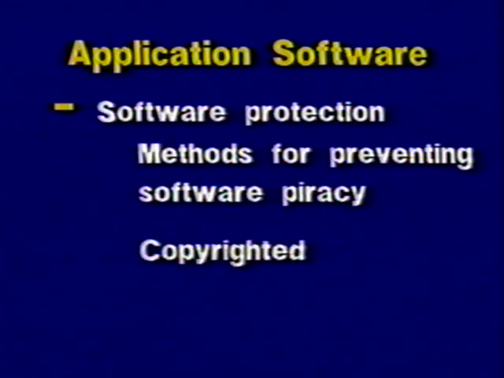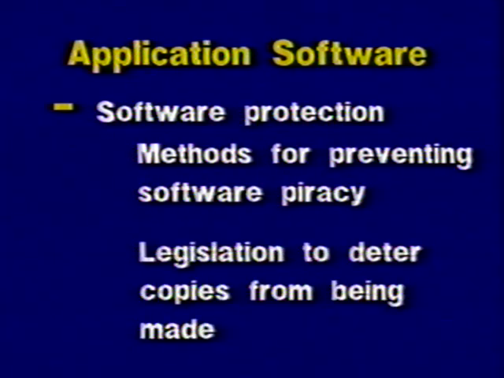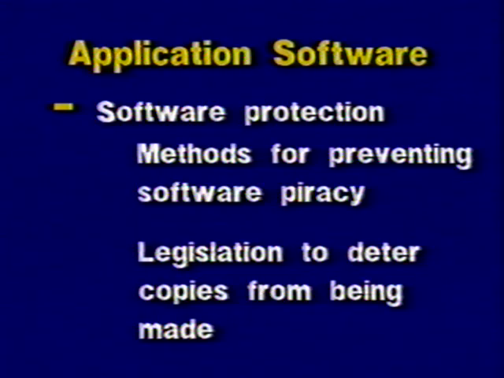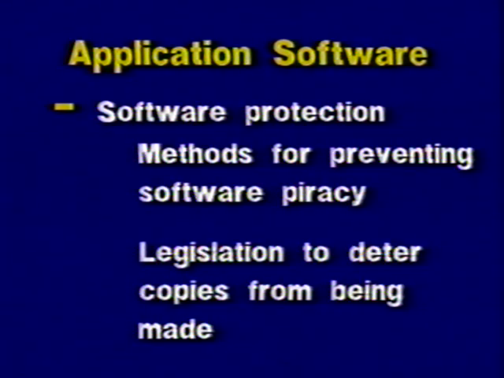Copyright is essentially legislation to deter copies from being made, but my point here is that you need to have enforcement in order to make a law take effect. So if nobody's out there enforcing copyright laws, then what good is the law in the first place?